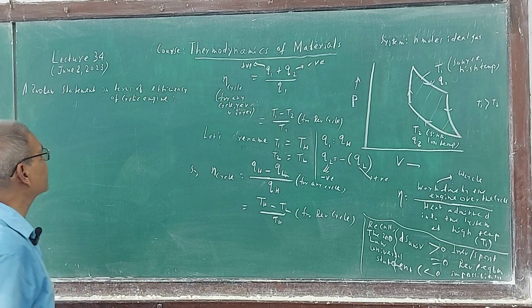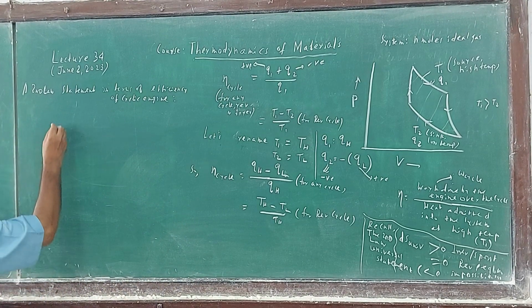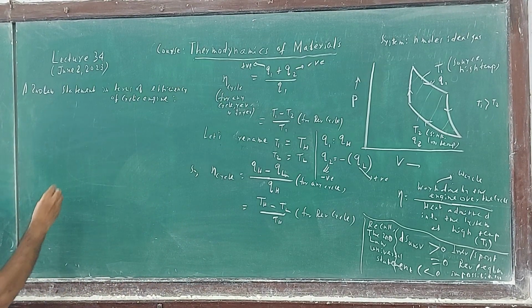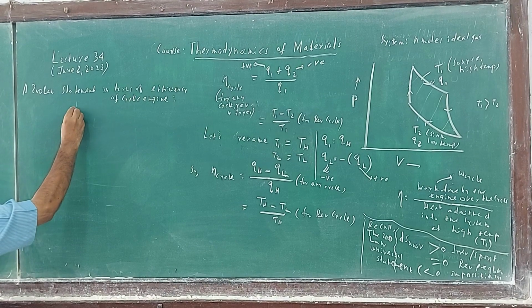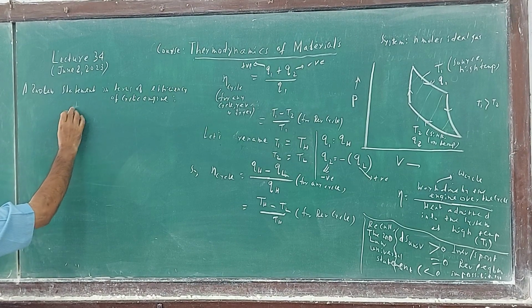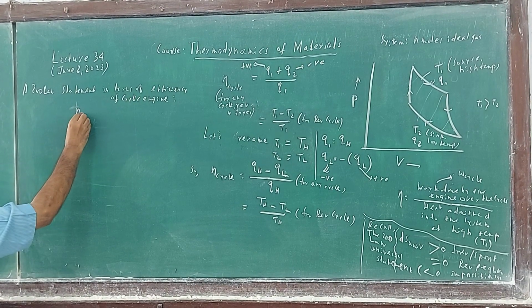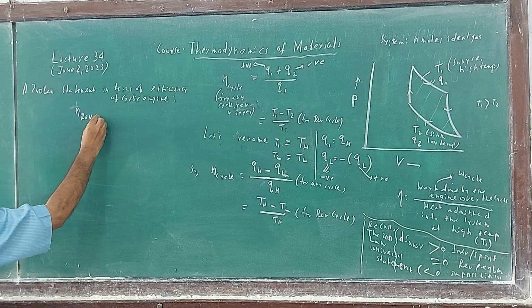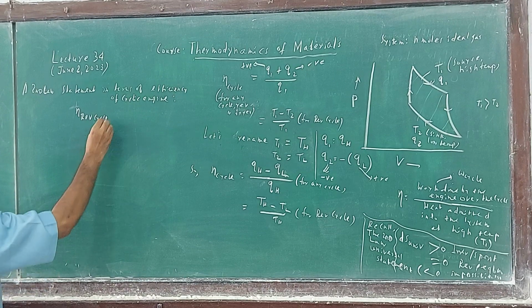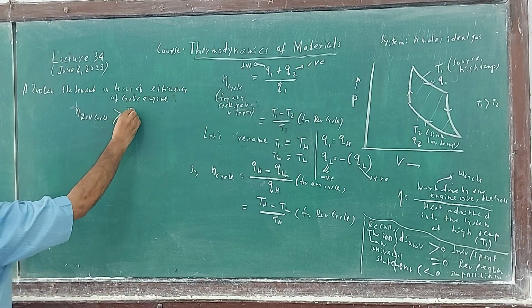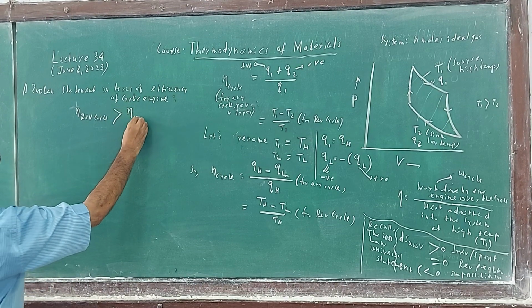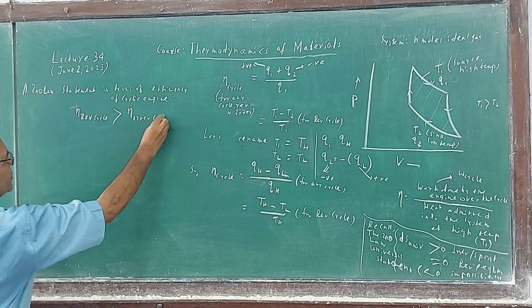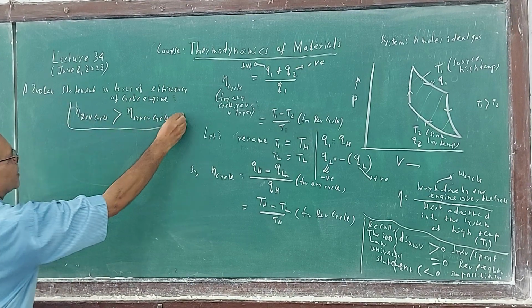But here we are saying, what is the statement, in short? In short, I am writing: reversible cycle efficiency is greater than irreversible cycle efficiency. This is the statement. What does it mean?